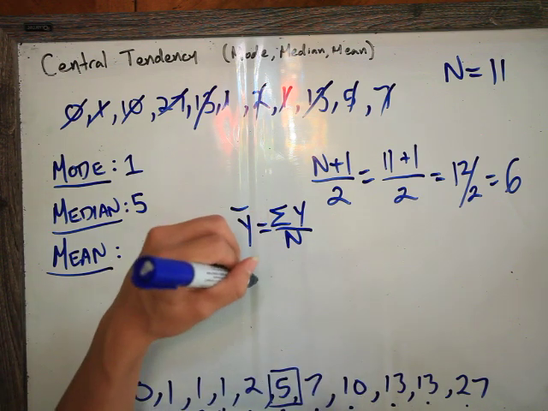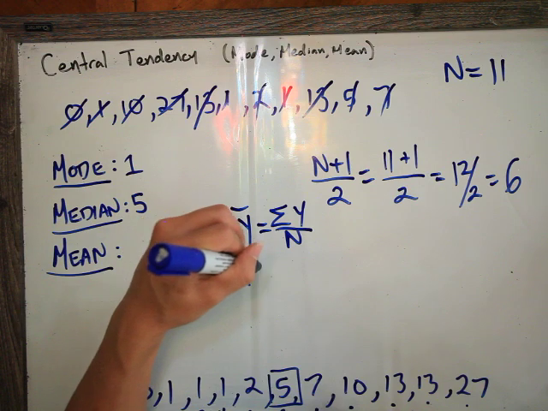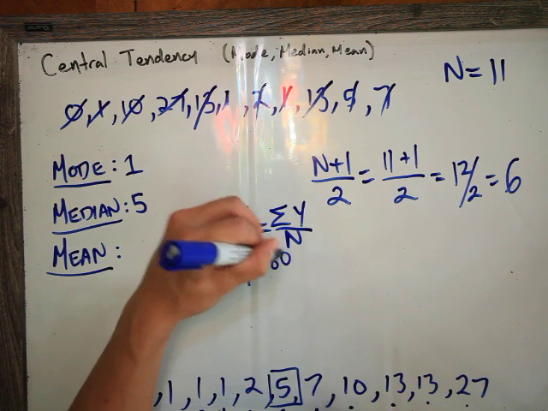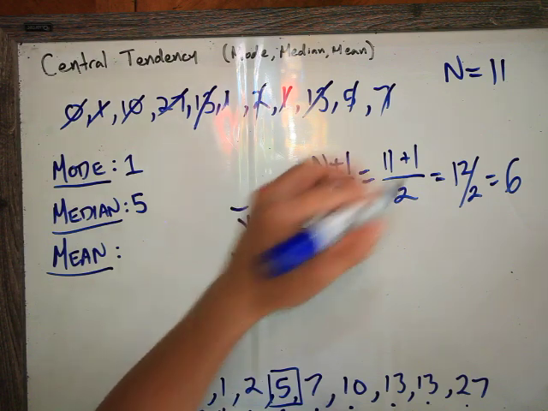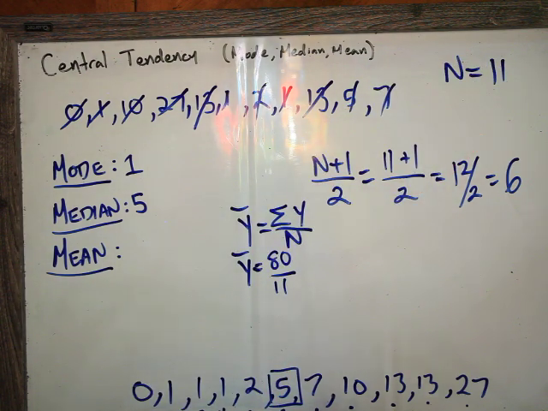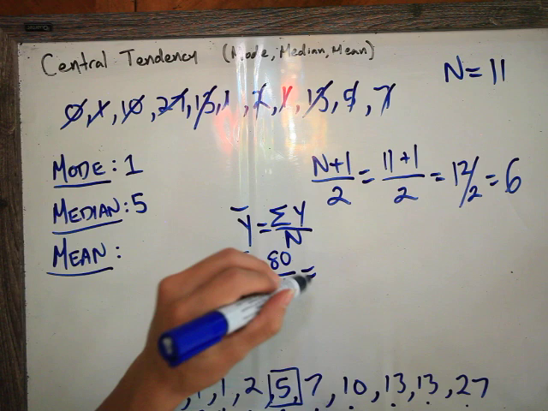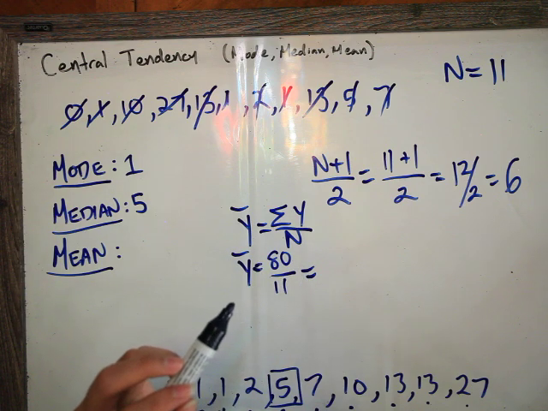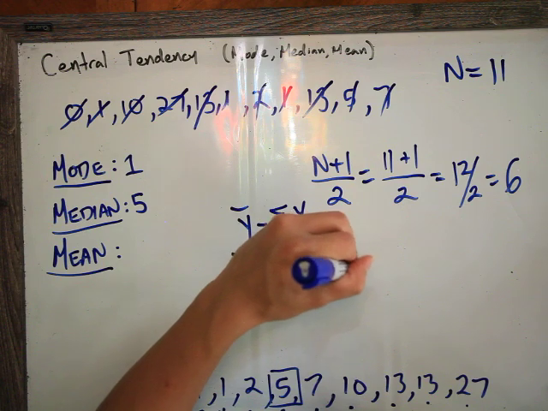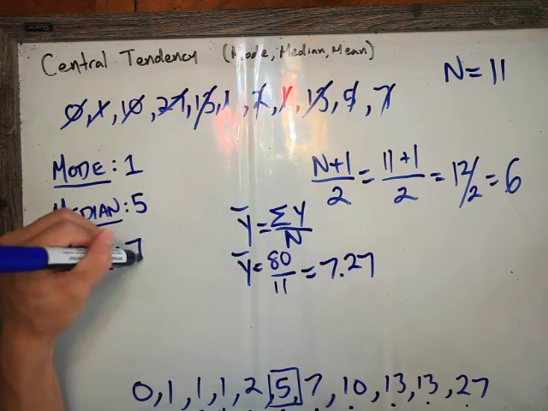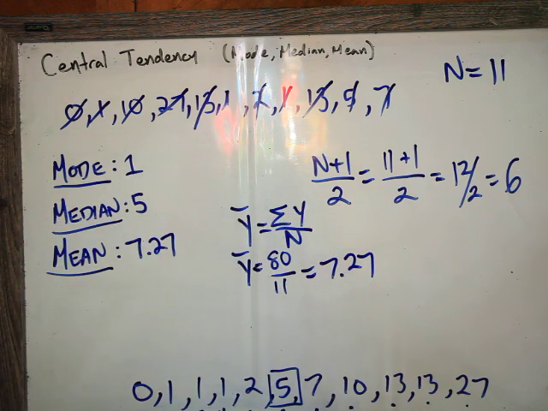So our sum of all y's is 80. And our n is 11. Remember, we have 11 numbers. 1, 2, 3, 4, 5, 6, 7, 8, 9, 10, 11. So the mean is simply 80 divided by 11, which is 7.27. So our mean here is 7.27.